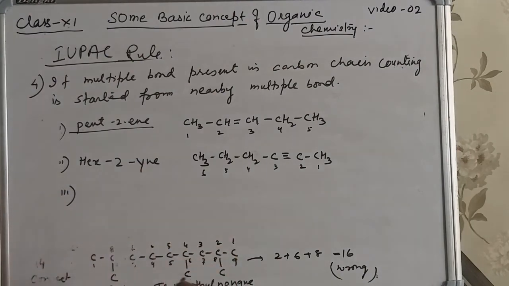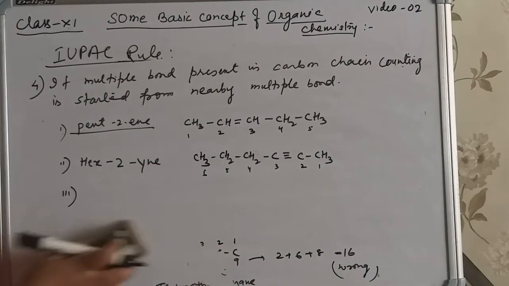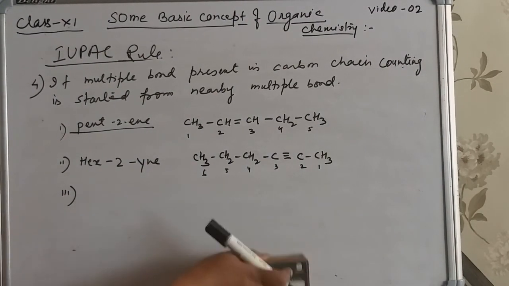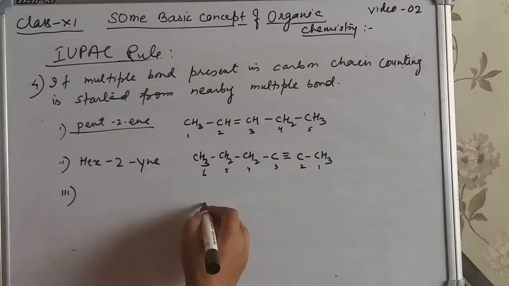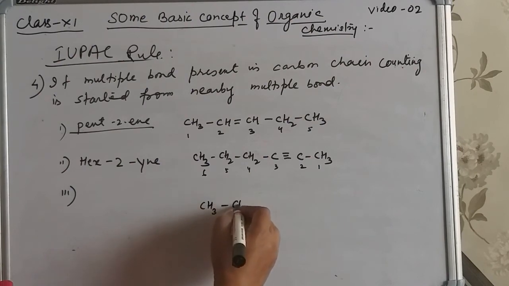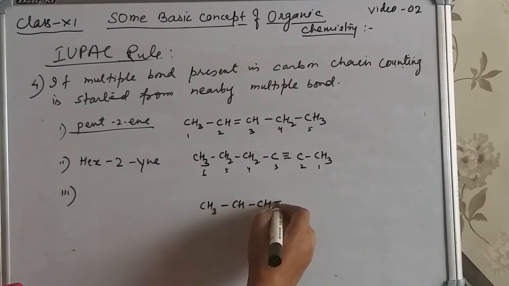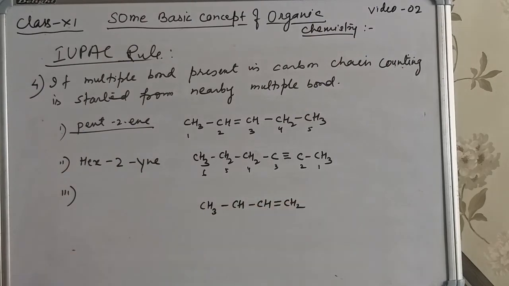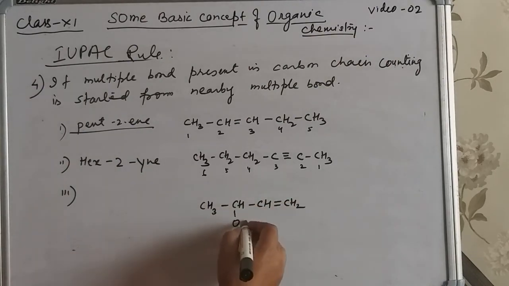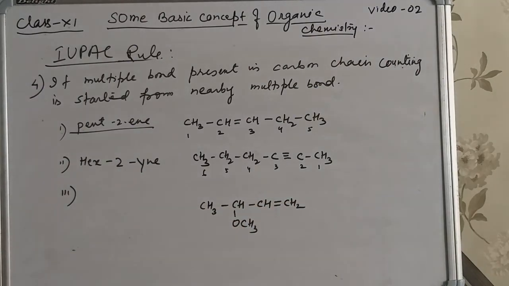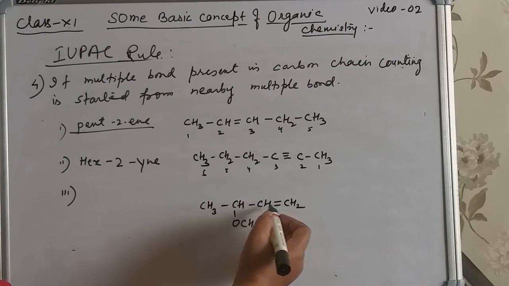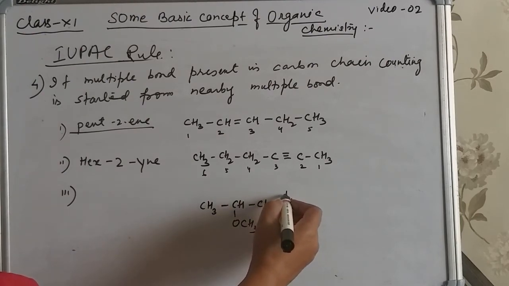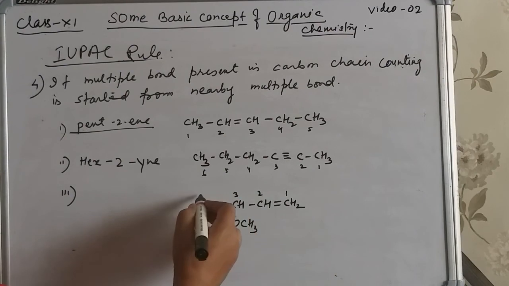Suppose CH3, CH double bond CH2 and OCH3. What is the name of this particular compound? So we count the position from this side according to the rule: 1, 2, 3 and 4.